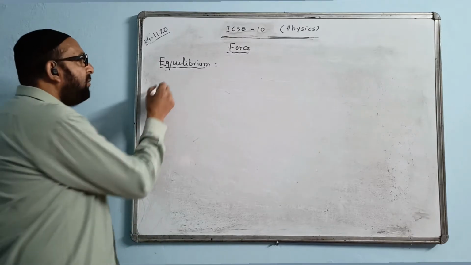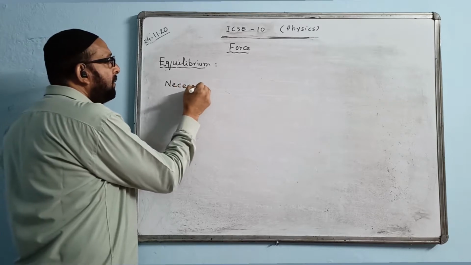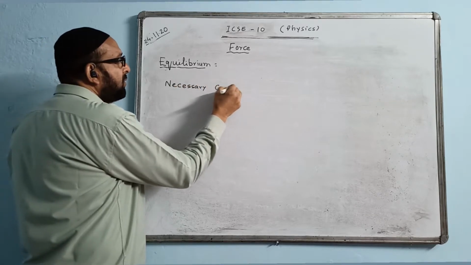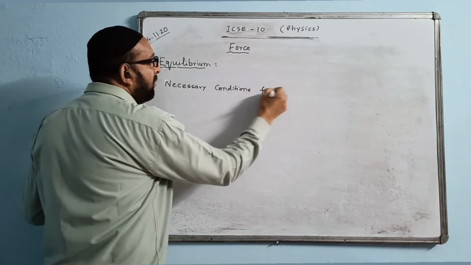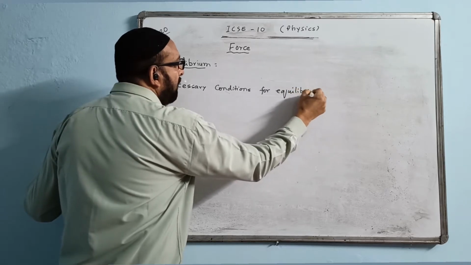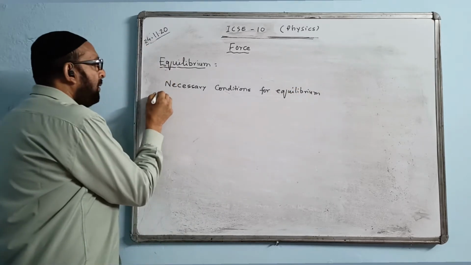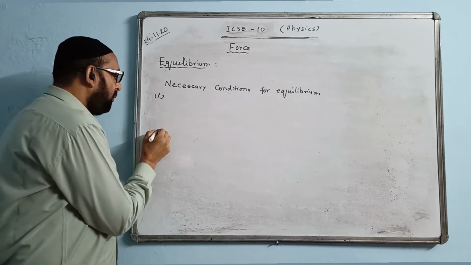Then after that you write down necessary conditions for equilibrium. There are two necessary conditions, number 1 and number 2.